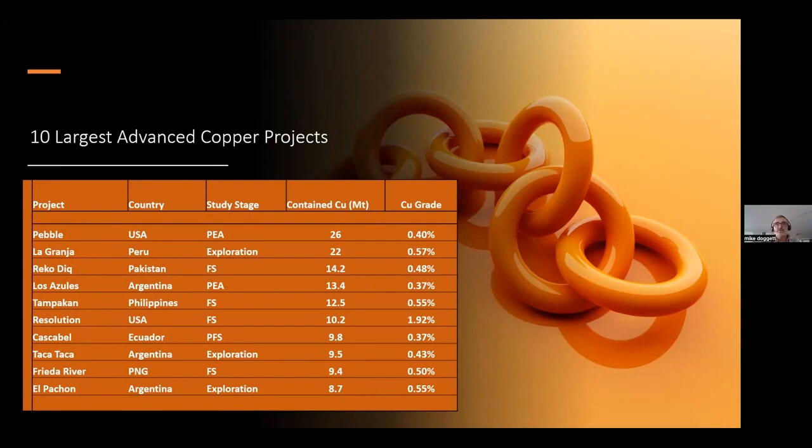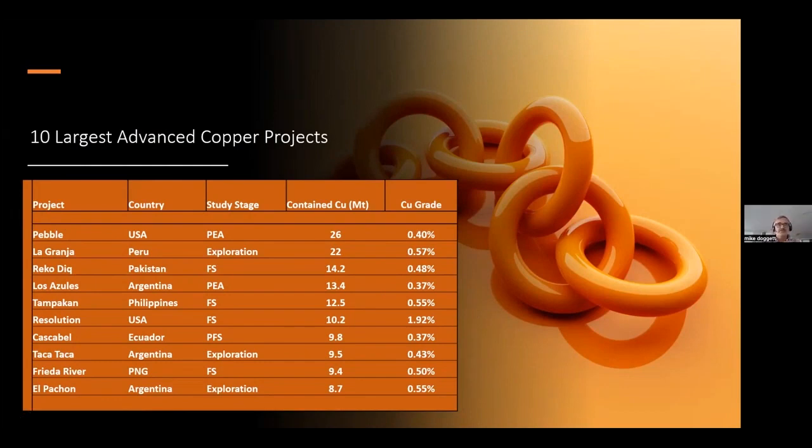The other quality measure clearly for copper deposits and any mineral deposit is going to be the grade. And outside of Resolution, which is a very deep underground mine, which has an outlier grade here of 1.92%, the other grades of copper all fall within a range of just below 0.4 to just below 0.6.